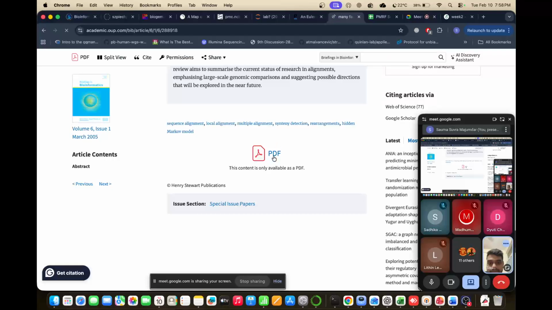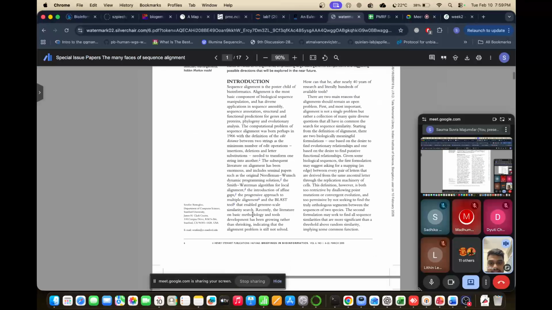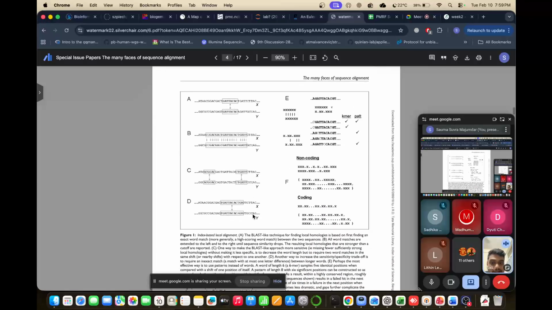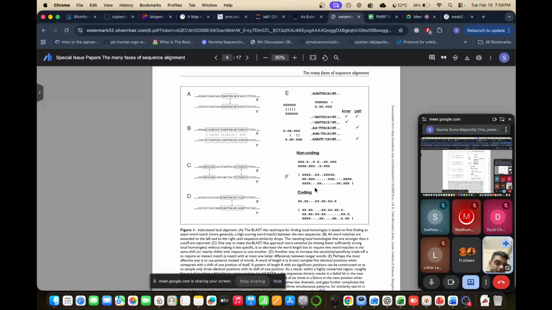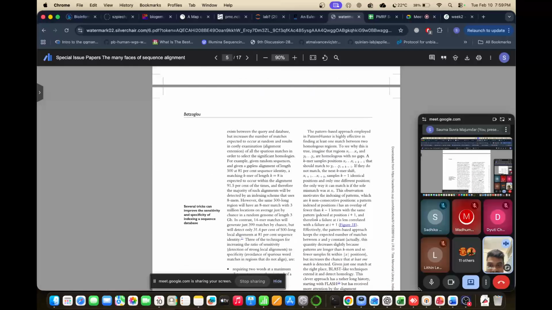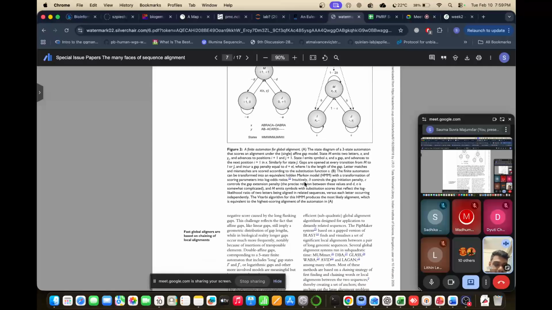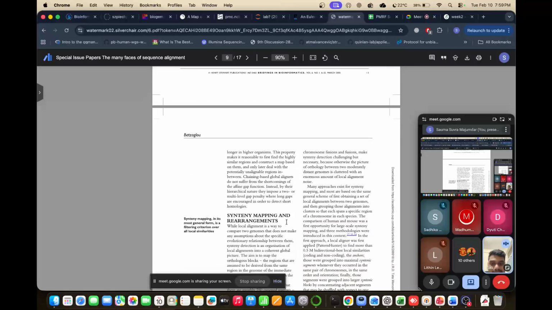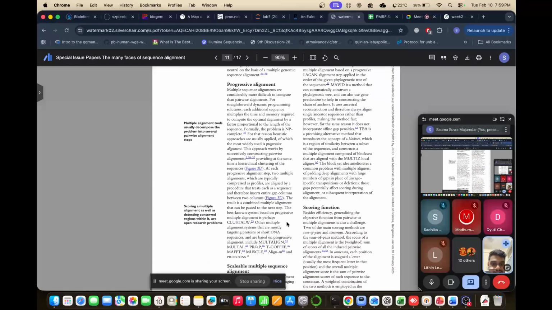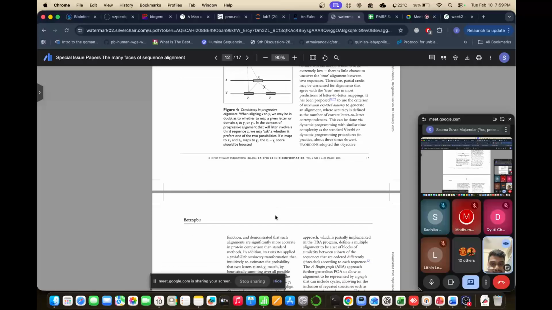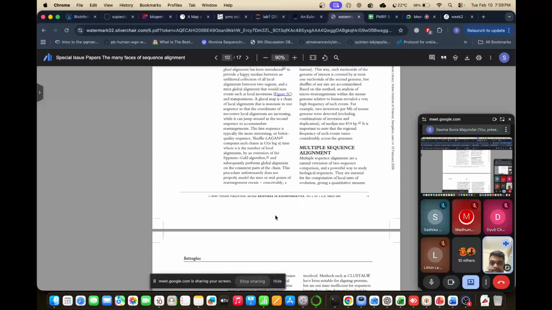This paper discusses a lot of different types of alignments, local, global, what you do in case of non-coding and coding regions, different types of BLAST, the maths behind it, and dot plots. It covers almost everything that we have discussed, multiple alignments, scoring functions, different algorithms and these kinds of things.